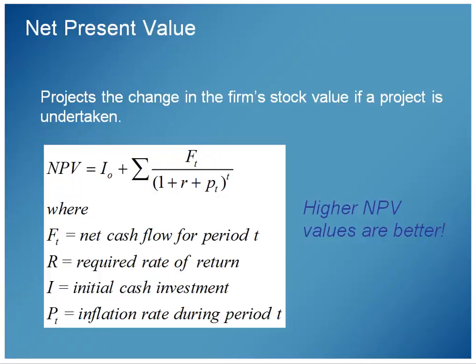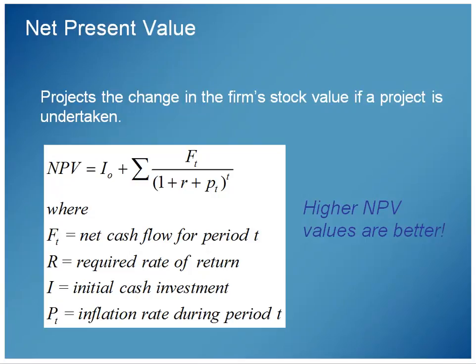And we're not going to whip out our calculators here, but just realize that a net present value involves these variables that we can look at. The formula is net present value equals I0 plus the sum of some other variables, and each of those items are described here.